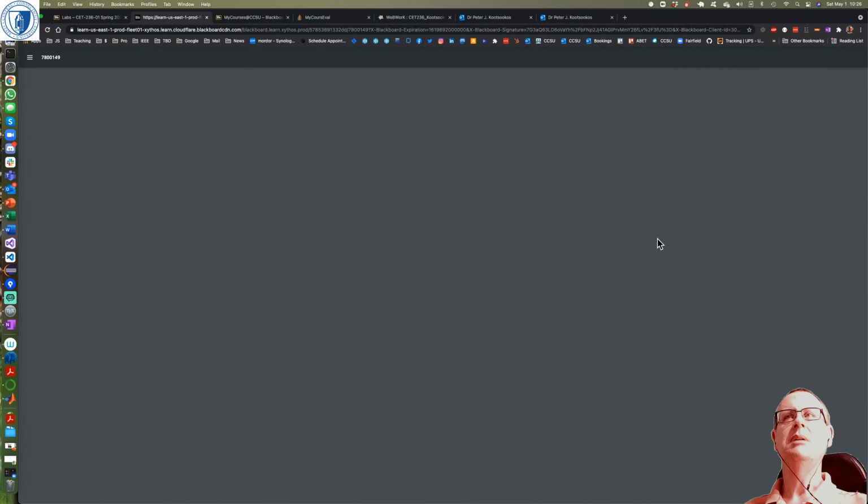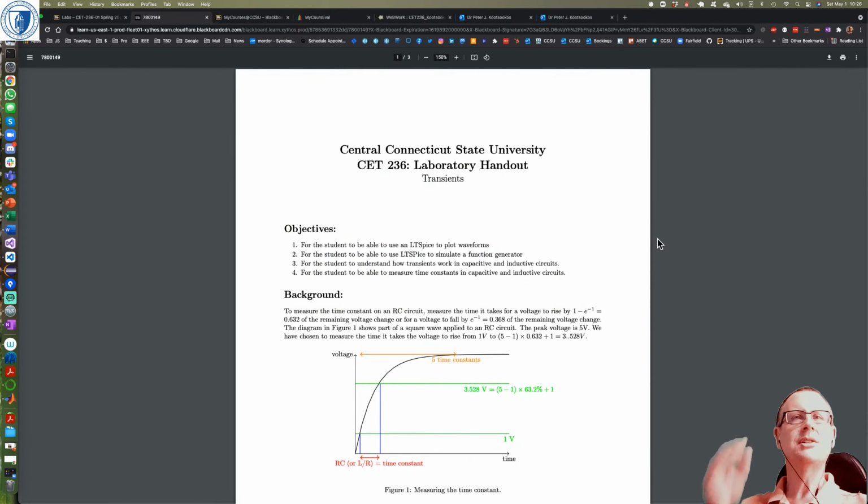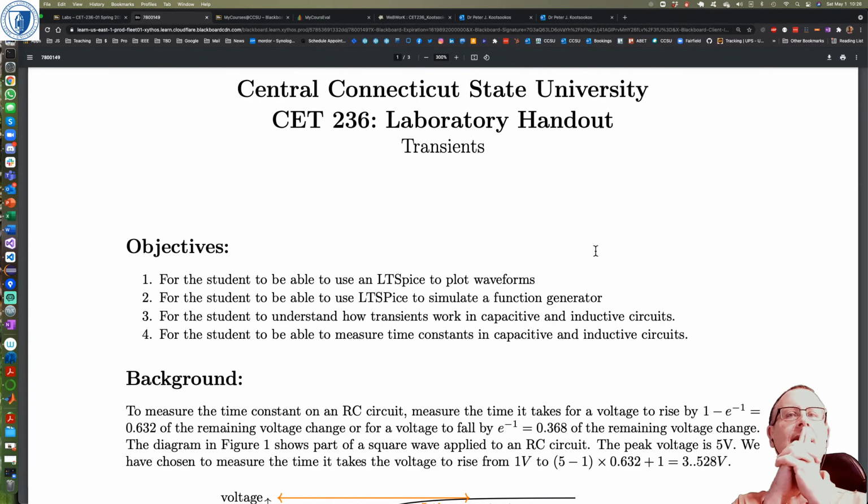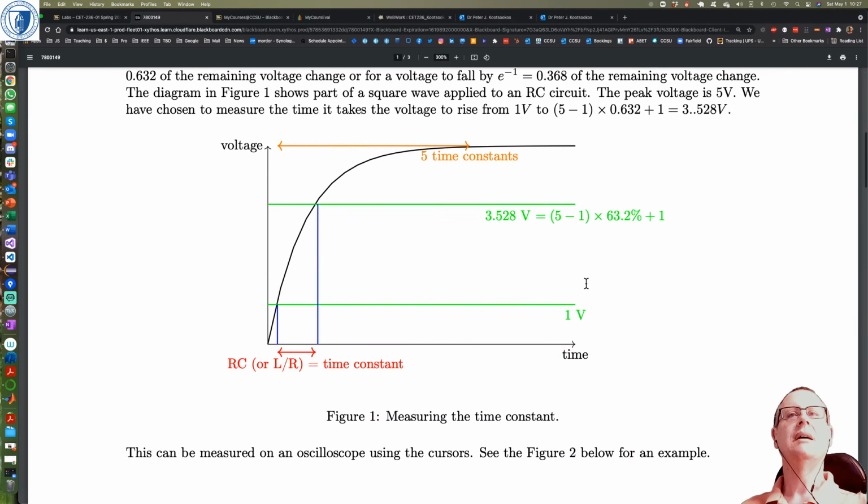So here's the lab, maybe, eventually. Now I forgot to change this one. What we're doing in this lab, and I probably should have given more of an update, is we're trying to use square waves to simulate transients. And the way we're doing that is we're making the square waves much slower than the transients. Okay?